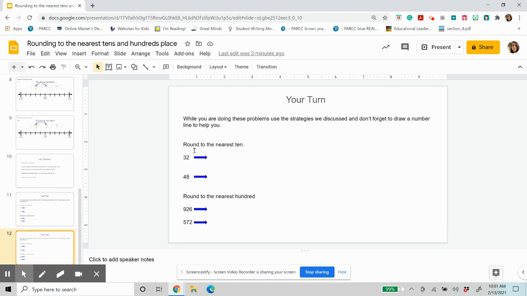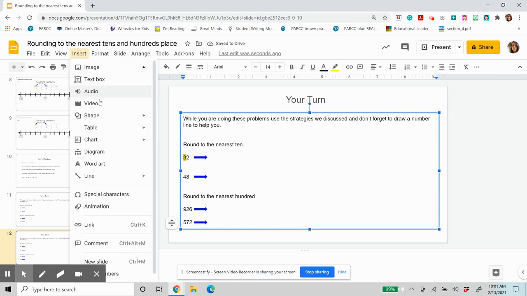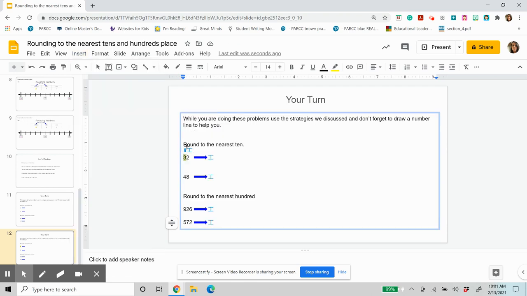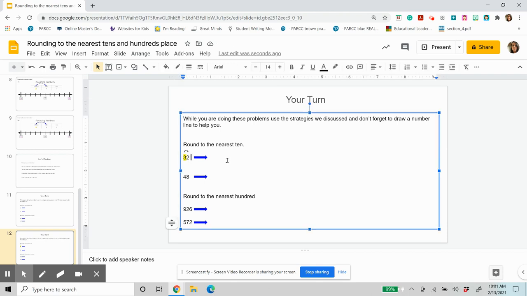All right. So when you're rounding to the nearest 10, you might underline or highlight. I'm talking about the 10 here. You might want to do your arrow. So I'm looking at 30, and there's my arrow. That's my deciding number.